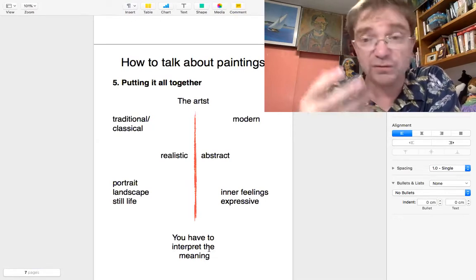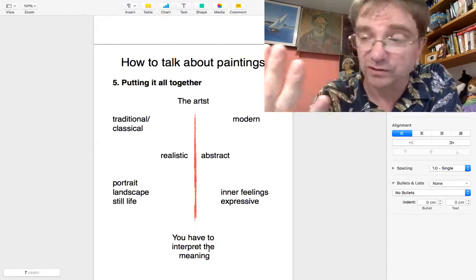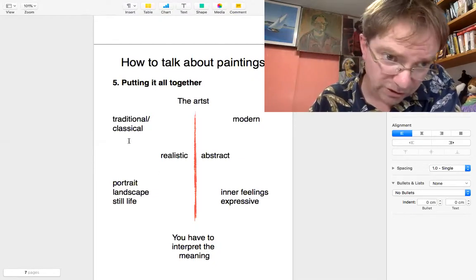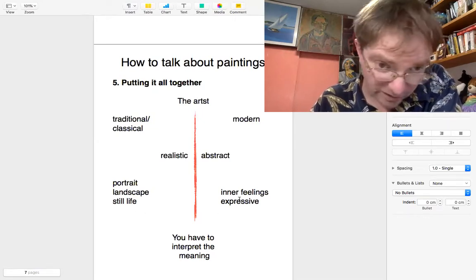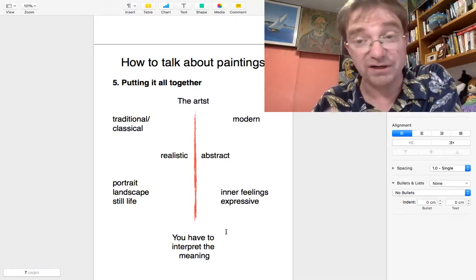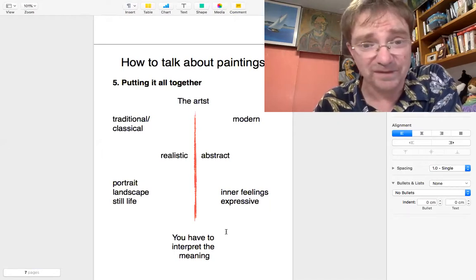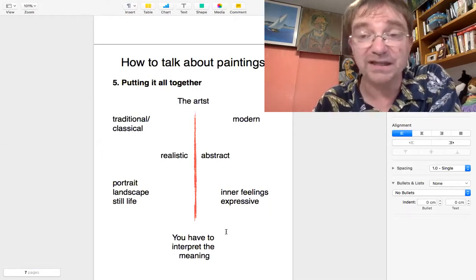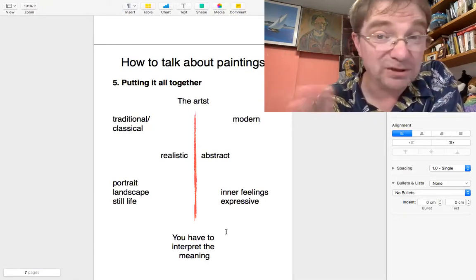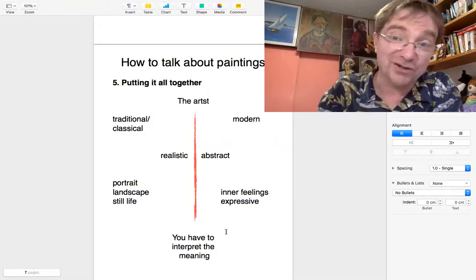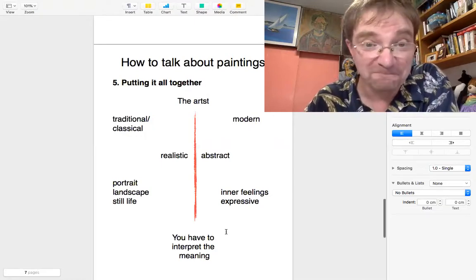Whenever you look at a picture, you have to judge what it means. But with the more traditional classical, it's not so difficult to figure out the meaning. Over on the modern side, it's very difficult to know the meaning. You have to work hard. And that's kind of part of modern art, I think. I'm just an English teacher. I'm not an art historian, I don't know, but that's what I think.